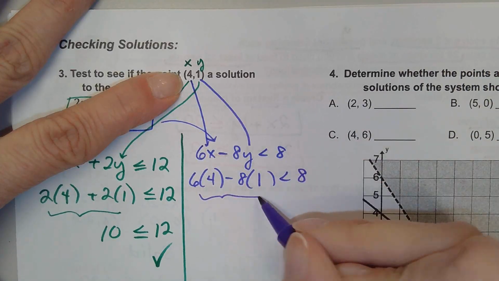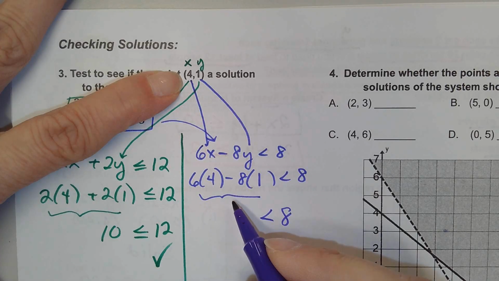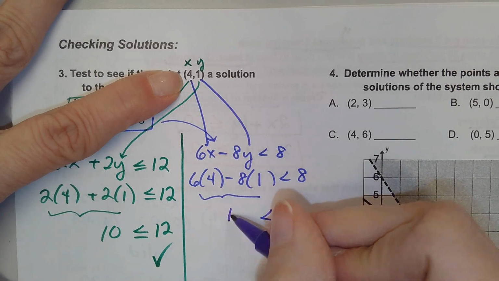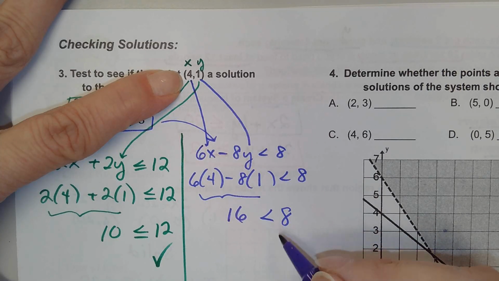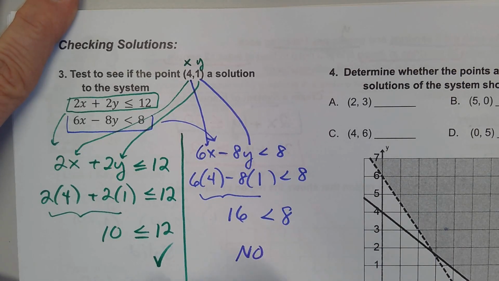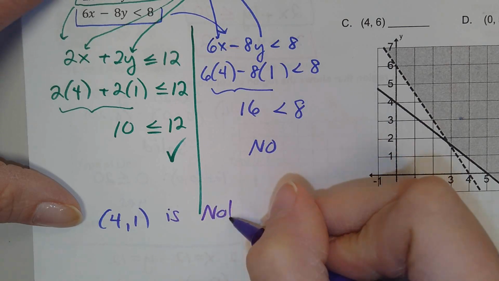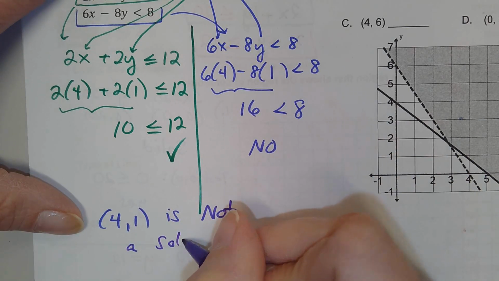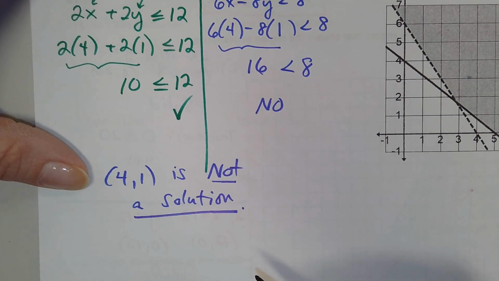What do you get when you calculate the left side? 16. Is that less than 8? And the answer is no. So 4, 1 is not a solution.